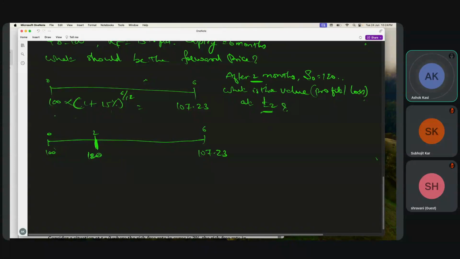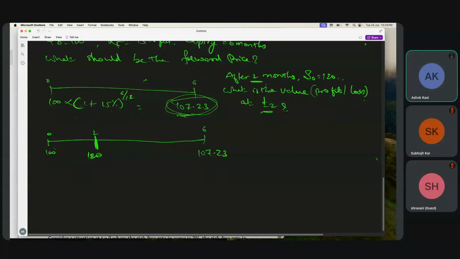If I have entered as a buyer, will I be happy or not? Anything above 107.23, I will be happy if I have entered as a buyer. The price has already reached 120, so I will be very happy. Let's see how much profit I am making out of it.